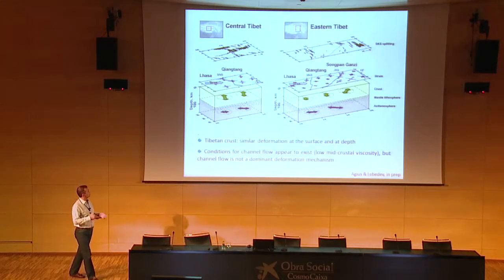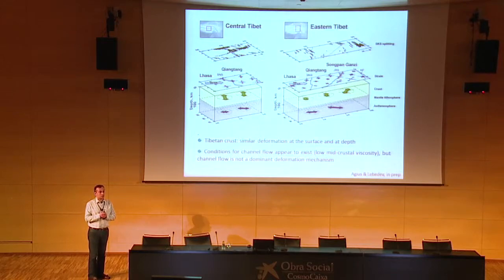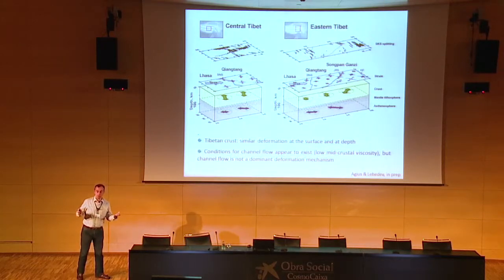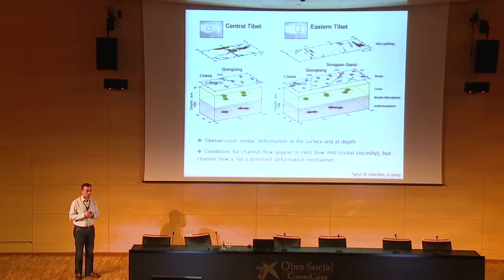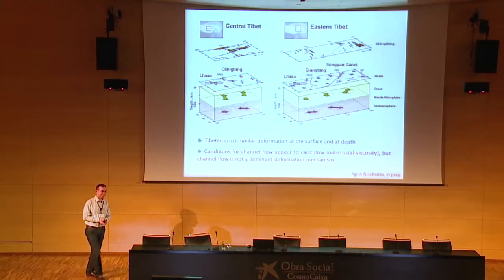So this suggests that even though conditions may exist and probably some flow within the crust does happen, the dominant pattern of deformation is not channel flow, but deformation throughout the entire crustal thickness. So that's all I wanted to show. Thanks.